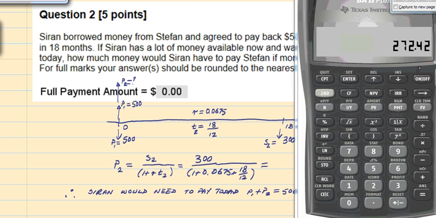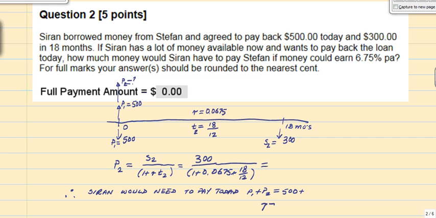That gives us $272.42, and then we add 500 plus 272.42. So he would have to pay $772.42, equal to discharge those two payments.